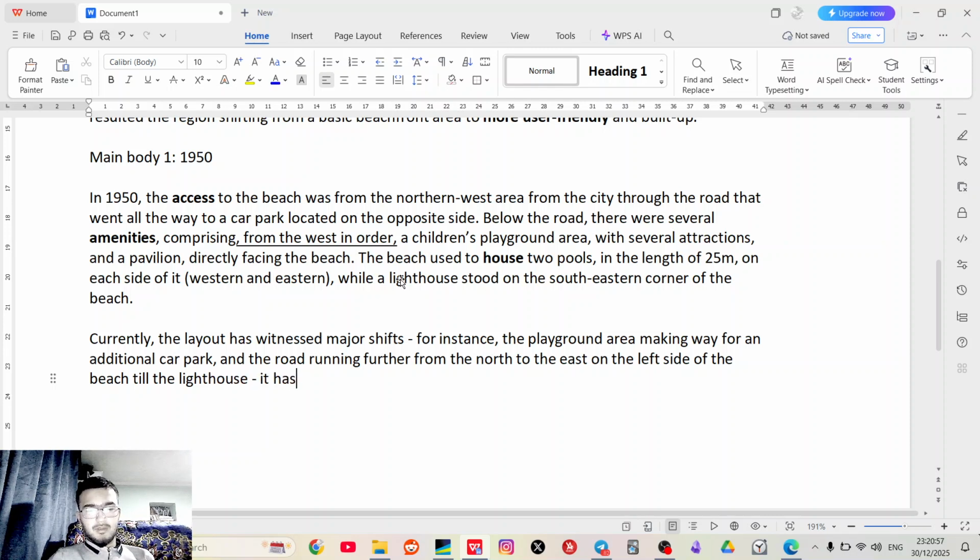It has given a convenient access to the lighthouse.